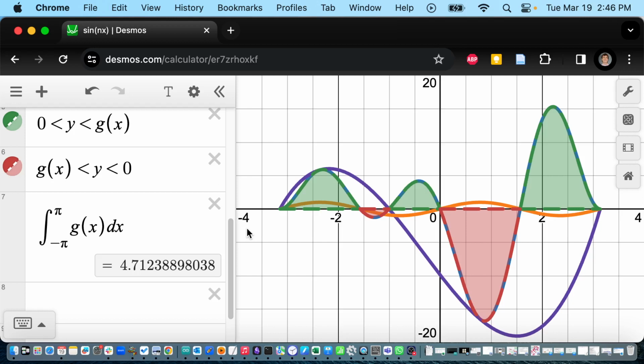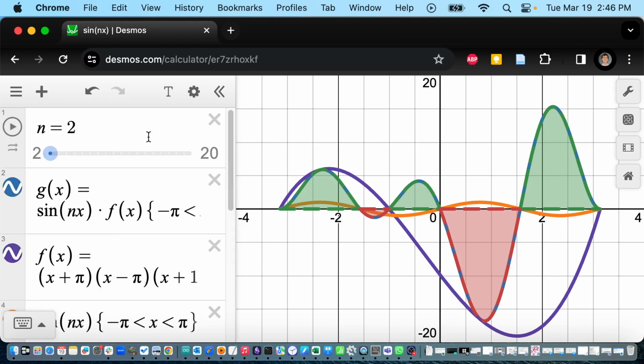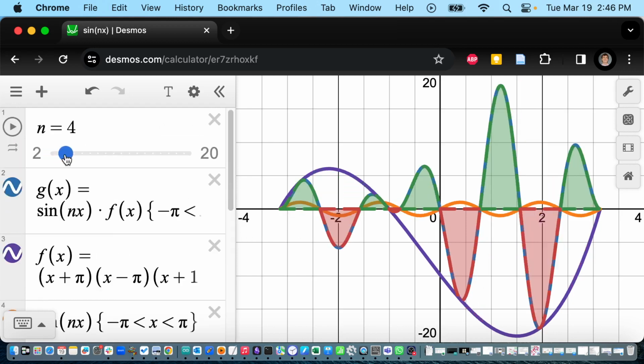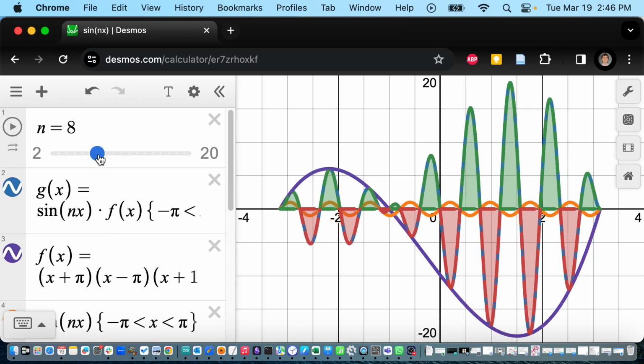But what happens as you increase the number of squiggles? See if you can imagine in your head. As you increase them, you have lots of up-down squiggles, up, down, up, down, up, down. And the idea is, on any part of the function, it's sort of flat-ish. As long as you're squiggling faster than the purple function is squiggling, then you have infinitely many squiggles, and you have ups and downs, and they sort of cancel out, right?